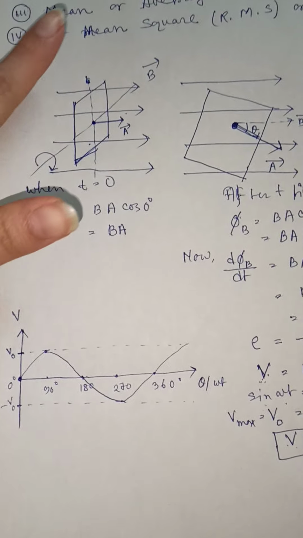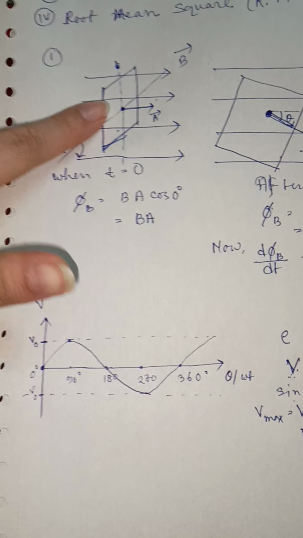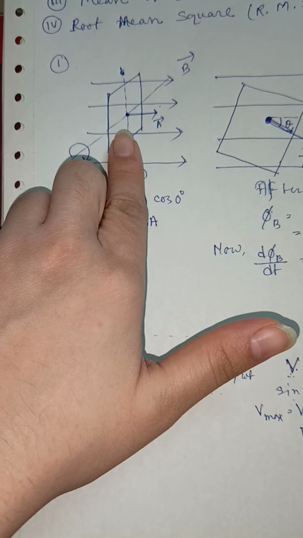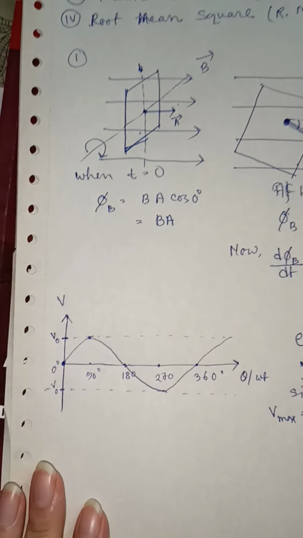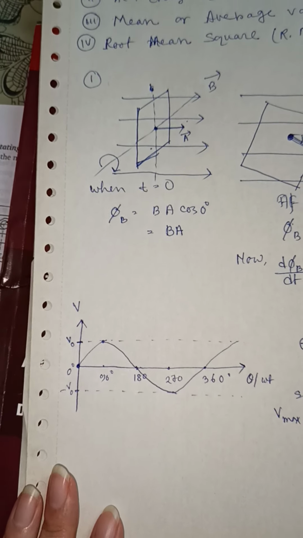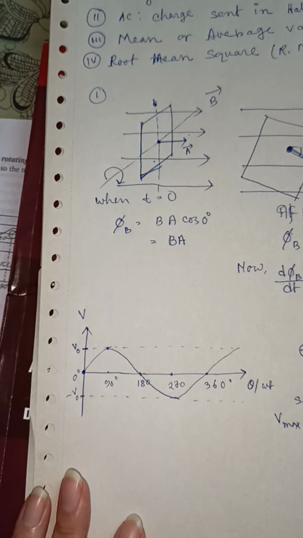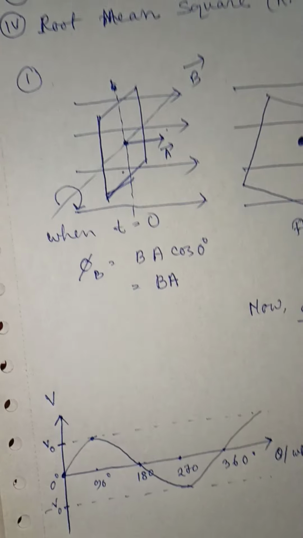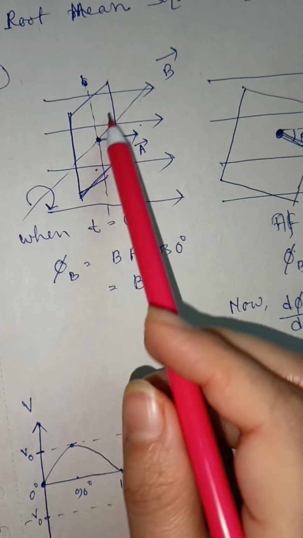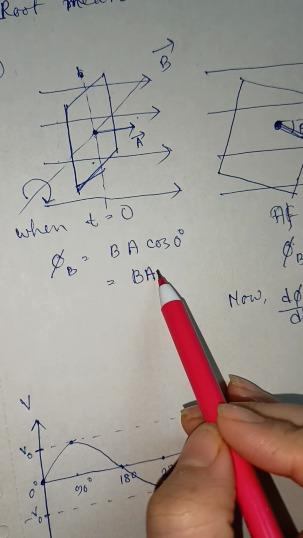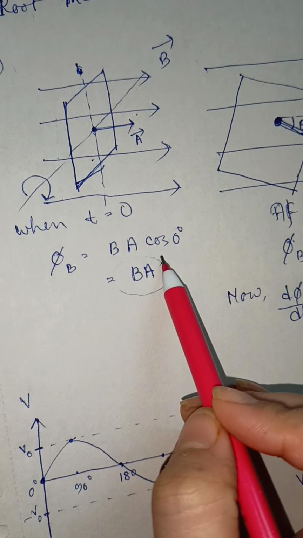Just look at this loop. When the loop is in this position, the flux linked with this loop is maximum, but the change in flux is 0. When the loop rotates 90 degrees, the change in flux is maximum. Why? Because when the loop makes a 0 degree angle with the magnetic field, the flux linked with this loop is BA.